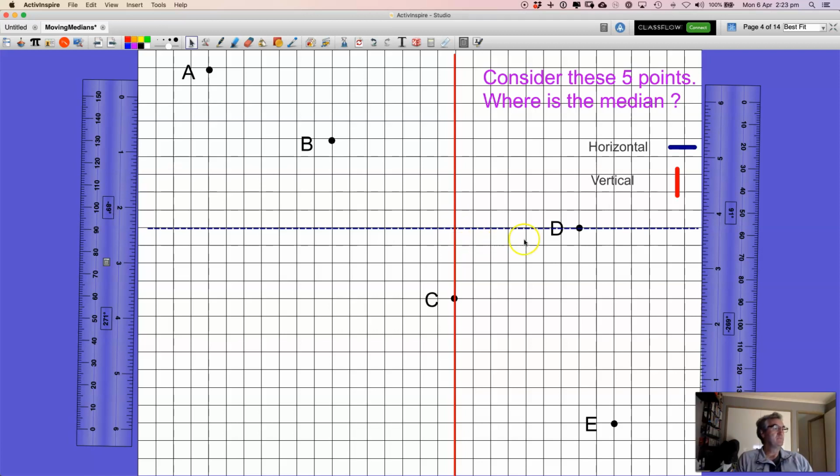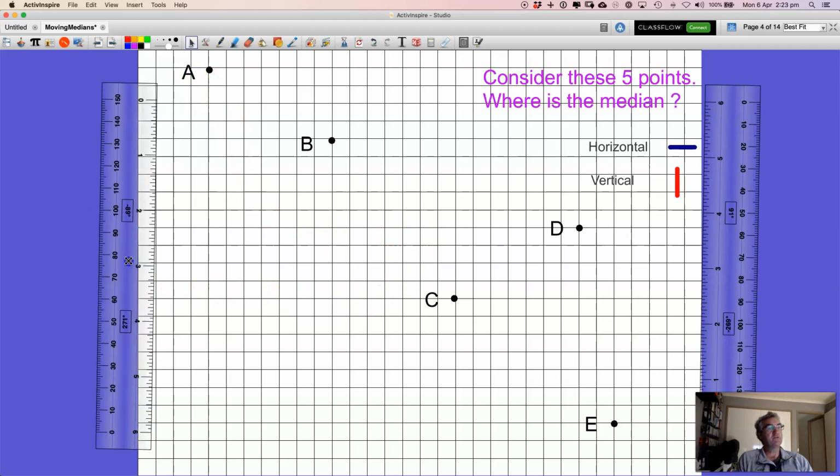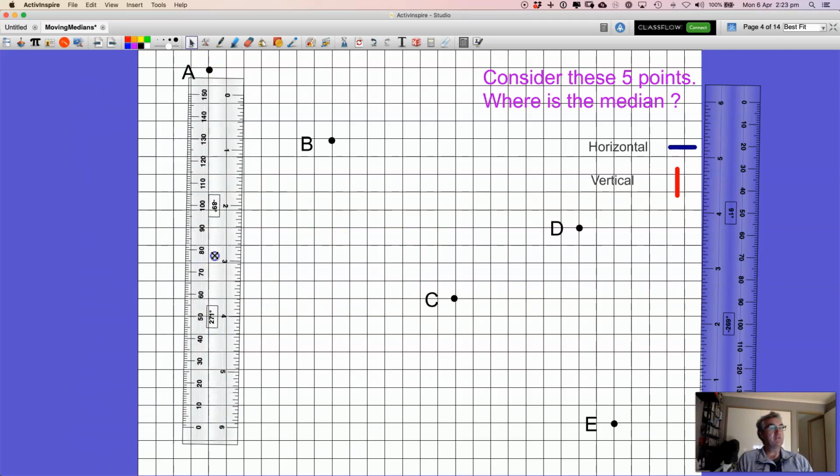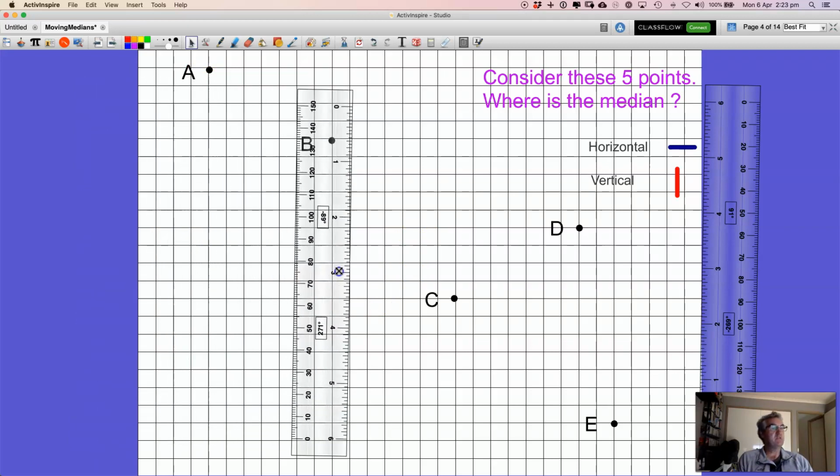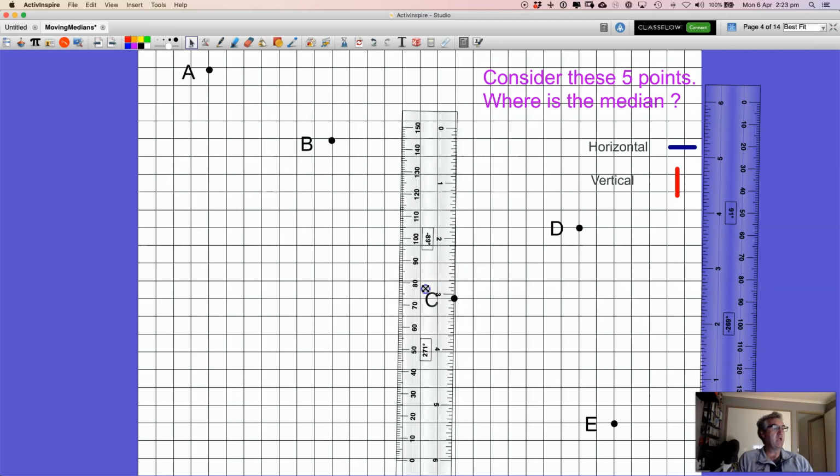So, what I like to do when I'm setting this up, I will use a ruler and say, okay, if I need to find the median dot along my horizontal plane, then I know I have 5 dots, so I basically move my ruler across and stop when I get to the 3rd dot. So there's my 1st dot, 2nd dot, and 3rd dot, and I can draw my vertical line.